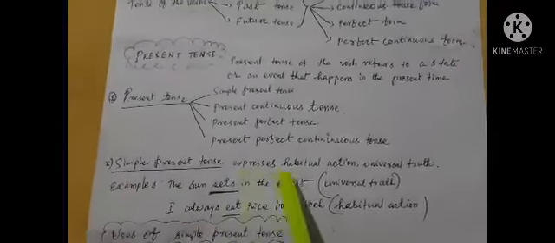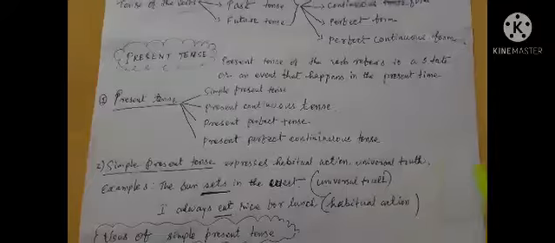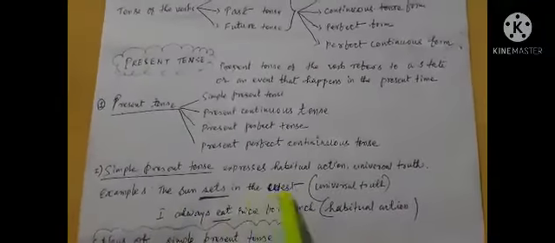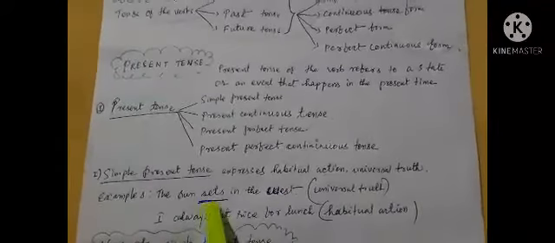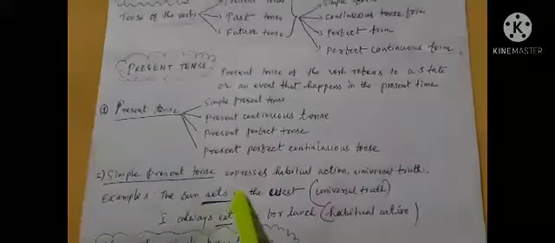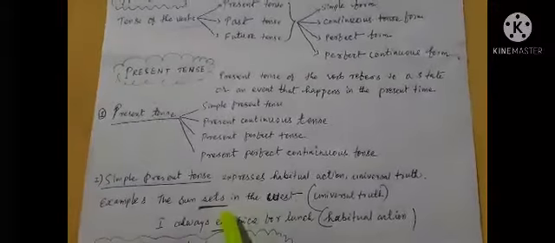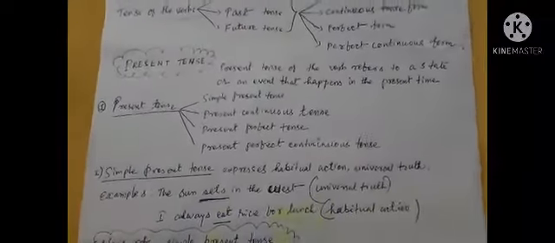It expresses habitual action, universal truth. For example, the sun sets in the west. Here the tense of the verb is sets and it expresses universal truth.